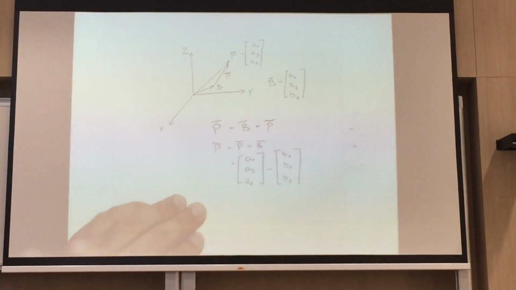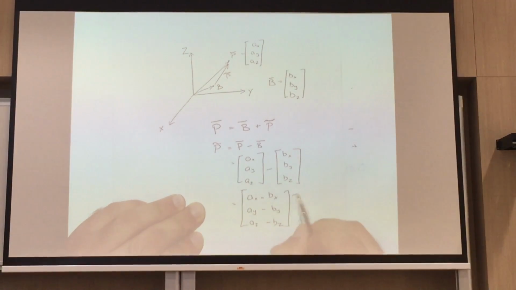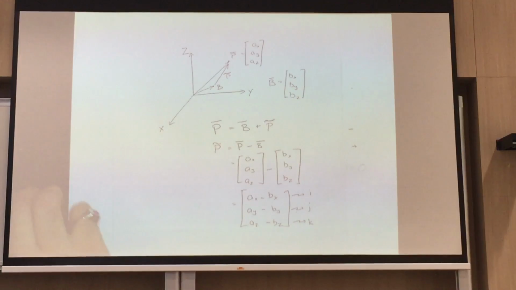So this is AX minus BX, AY minus BY, AZ minus BZ. This represents the I, J, K. These are all unit vectors. Simple vector addition and subtraction.